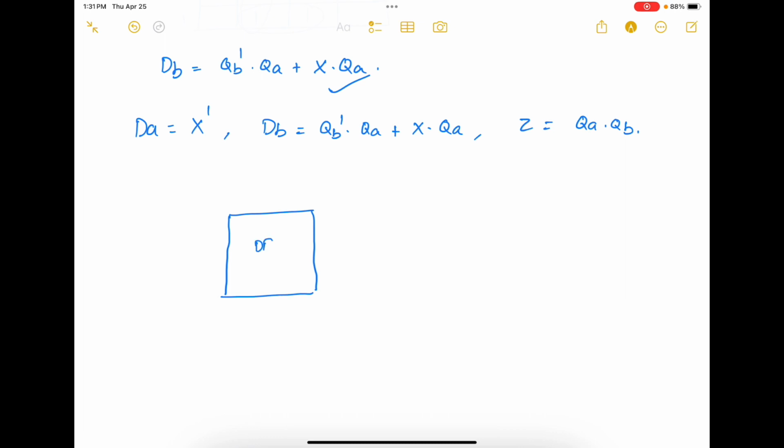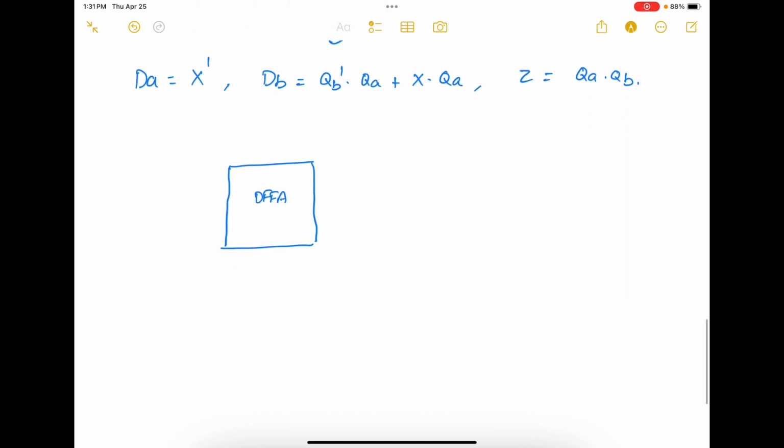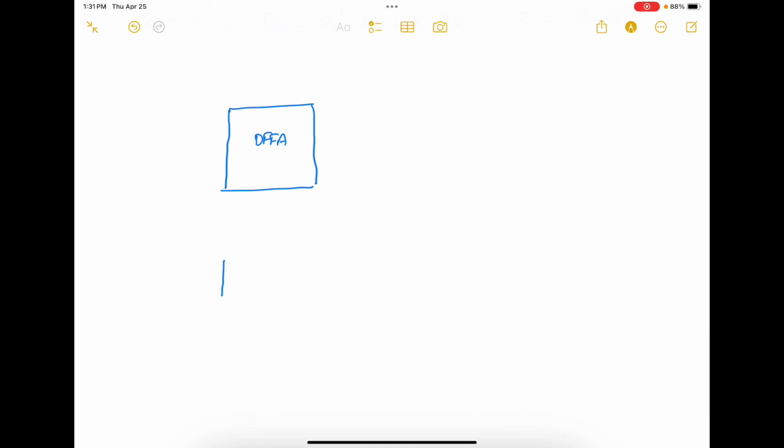This is D flip-flop A, and we have D flip-flop B. So this is going to be DB, QB, QB prime, DA, QA, QA prime. Both have a clock and a reset.